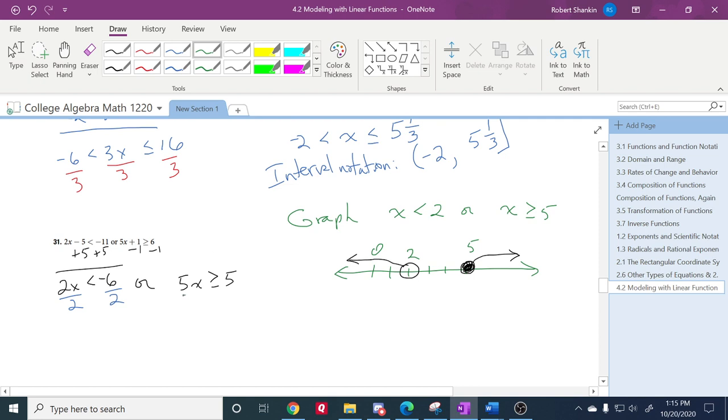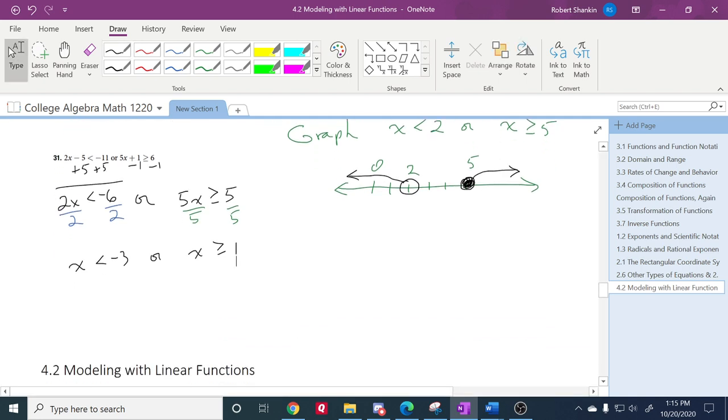Over here I'll divide by 5. I get x is less than negative 3 or x is greater than or equal to 1. And the answer, express your answer using inequalities and then write your answer in interval notation.